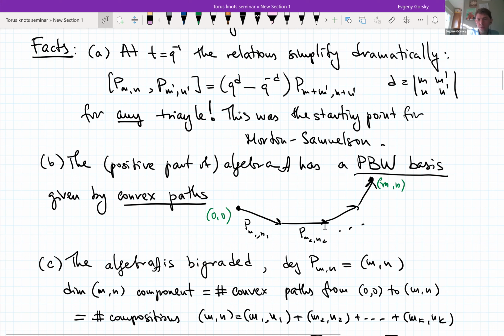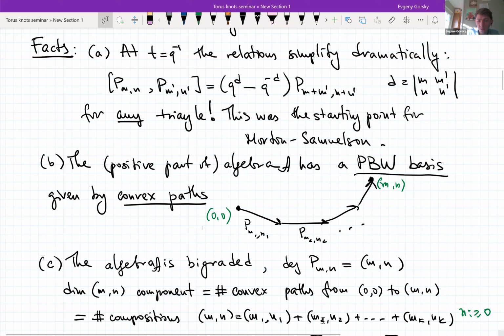The number of ways to break the vector (m,n) as a sum of vectors (m1,n1), (m2,n2), up to (mk,nk). The number of these summands is not fixed. All these n's are positive. All these m's could be positive or negative.